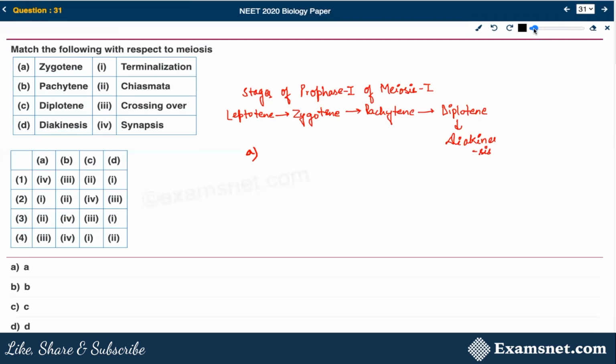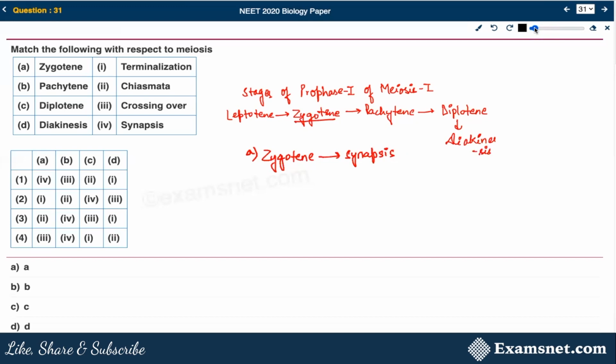So zygotene is related with the process of synapsis or bivalent formation. Synapsis is a process in which the bivalent chromosomes are formed.